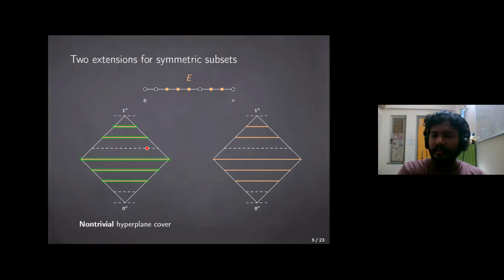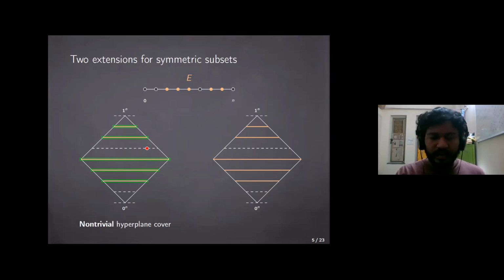In other words, it excludes at least one point in the complement of E. In this case, it's this red point. Could be anywhere. Need not be the all zeros point or the all ones point. Some point in the hypercube. That's it. But this is a non-trivial hyperplane cover because it covers the symmetric subset E, but does not cover the full hypercube. So it's a non-trivial cover.